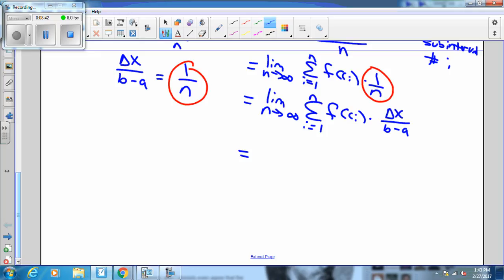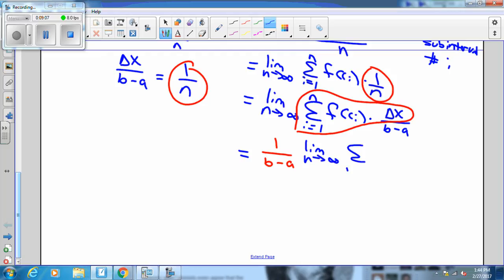And now, something really nice is going to happen. Because I look at what I've got, and what I've got looks a whole lot like the limit of a Riemann sum, the limit of an area sum. But it's divided by b minus a. And the b minus a is constant. So I can factor out the 1 over b minus a and take the limit as n goes to infinity of the sum from i equals 1 to n of f of ci times delta x.